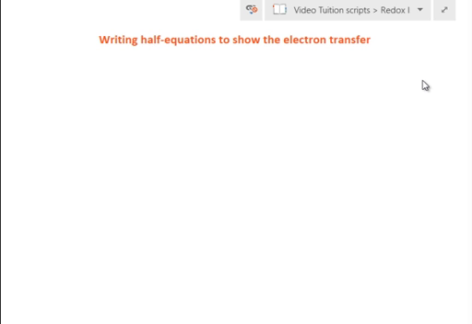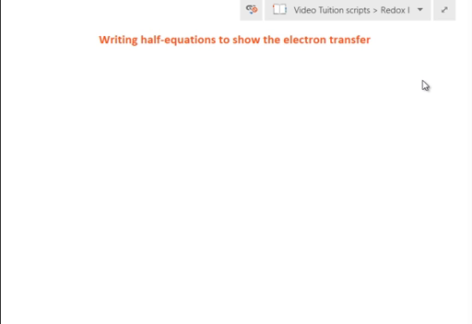Hello everybody. Today we will see how to write ionic equations to show the electron transfer in a redox reaction. A reaction that involves movement of electron from a substance to another substance.